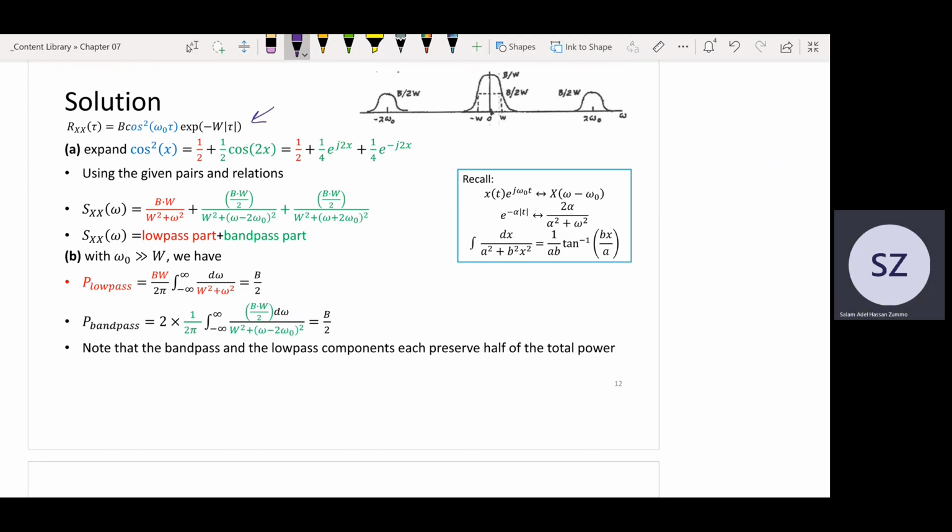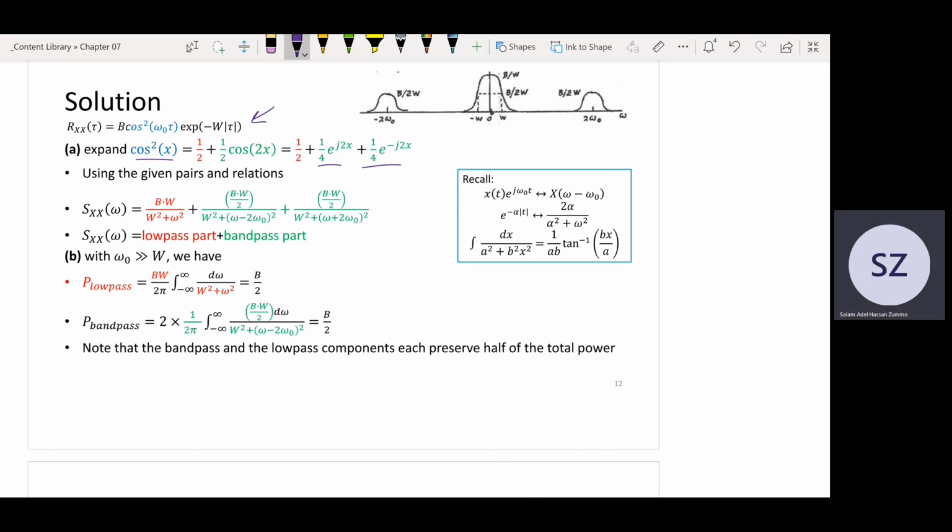Now, in order to find the power spectral density, we need to get the Fourier transform. We have cosine squared times exponential. First of all, we need to expand the cosine squared as one half plus half cosine of twice the angle, and we write the cosine in terms of the complex exponential, because it's easier to take the Fourier transform with exponentials.